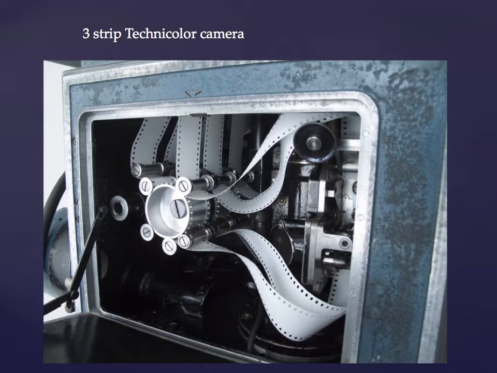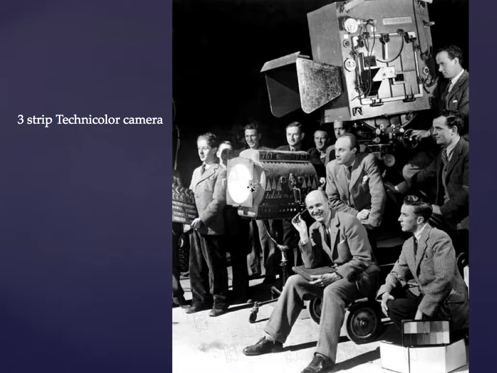Processing it, getting the camera working right. It needed a lot more light than black and white did. So they had to have big, giant, bright lights, lots of big lights. And these poor actors, maybe in The Wizard of Oz and so on, with all those costumes and stuff, they were really roasting.